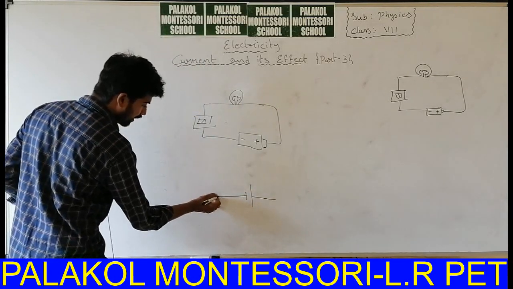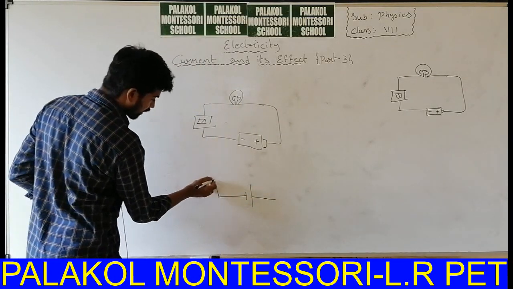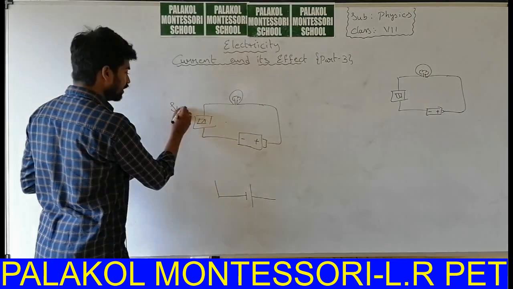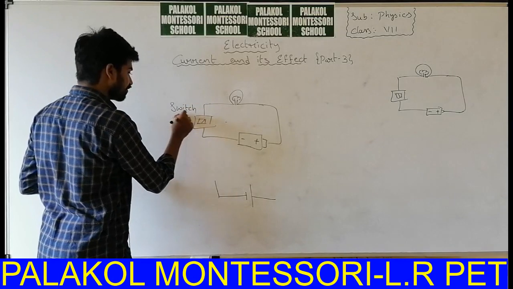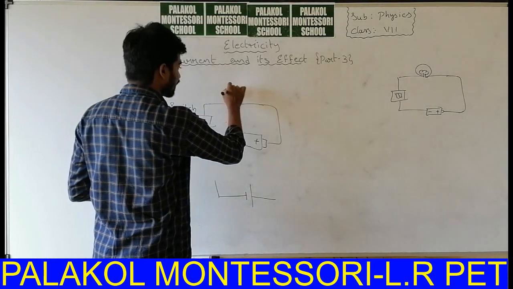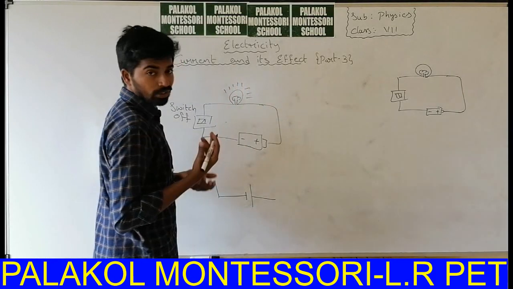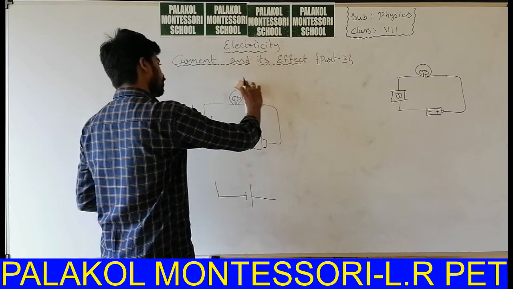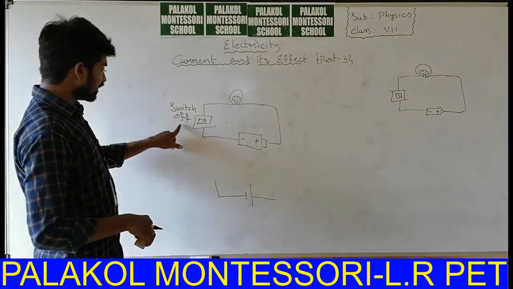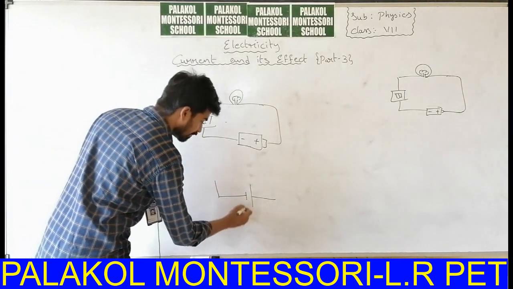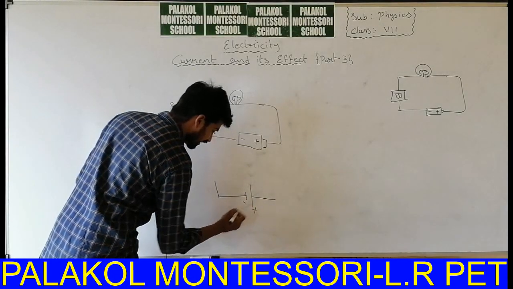So how can you draw the switch? Let us consider the switch is in the off state. That's why the bulb is not glowing. If the bulb is glowing, I will represent it like this. If the bulb is not glowing, I will show it like this. So this is the battery, positive terminal, negative terminal.